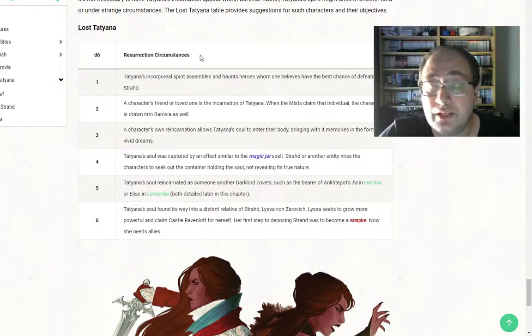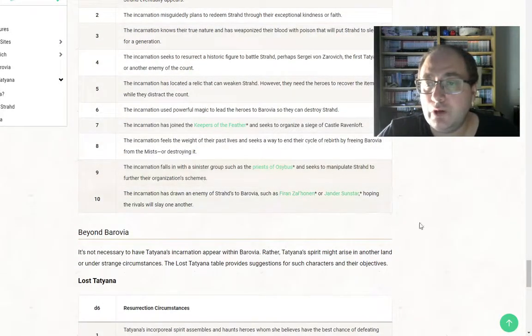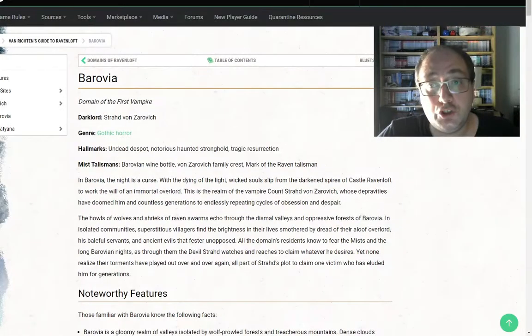Or even running an entirely different campaign where your players travel from domain to domain, foiling the agents of Count Strahd as they're searching for Tatiana's reincarnation, right? So very, very cool stuff. Very good tools, because you can use them for Curse of Strahd, or you can use them to create a whole different campaign. And I think it's great.